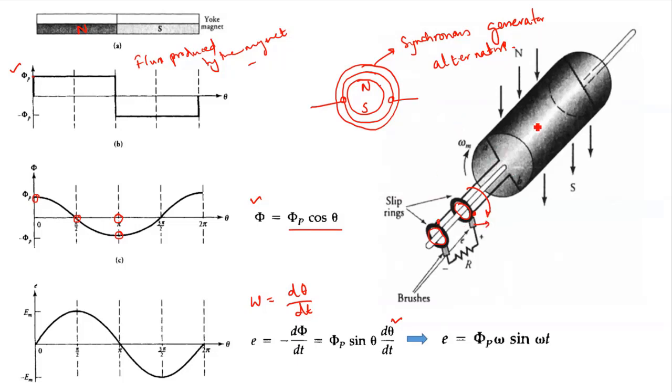But in fact, when you are doing this kind of analysis, it is producing AC, alternating current. But how will we convert it to DC? This is a question, right? How do I convert this to DC current or DC EMF?